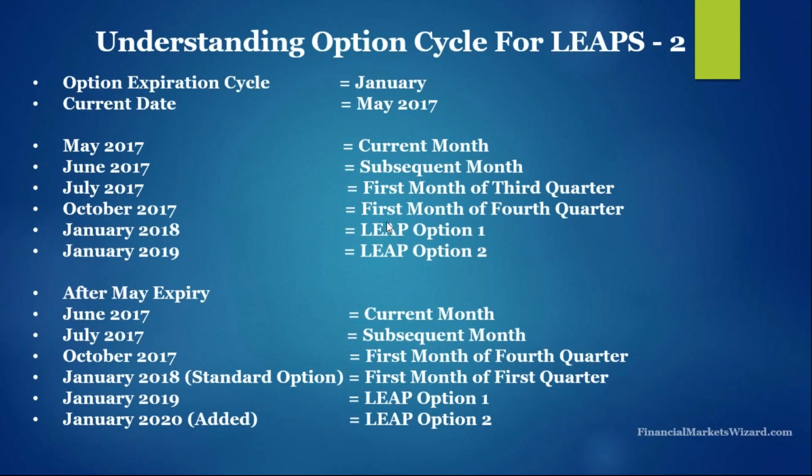So what happens when the month of May expires? June, which was the subsequent month, will become the current month. July was the first month of the third quarter, it will become the subsequent month. October will be listed as the first month of the fourth quarter.